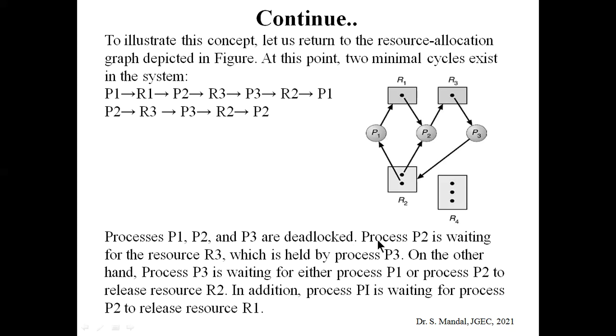If you consider the first cycle, P1, P2, and P3 are already deadlocked. Why? Because P2 is waiting for the resource R3, but it is already held by P3. Again, P1 is trying to access R1, whereas R1 is already allocated to P2. And similarly, P3 is trying to access R2, but the instances of R2 are already allocated to P1 and P2.